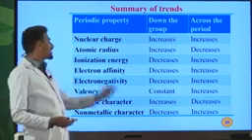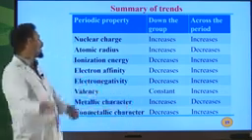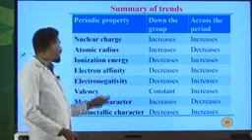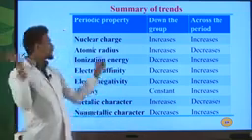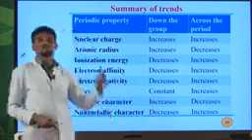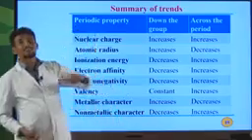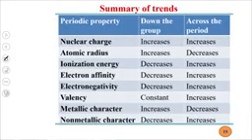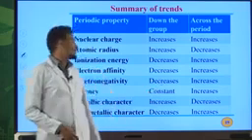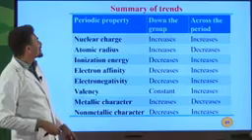Another one is metallic character. It increases down the group but decreases from left to right across the period. Non-metallic character and metallic character are inversely proportional. Down the group, non-metallic character decreases, but from left to right across the period, non-metallic character increases. You have non-metals on the right hand side of the periodic table, but metals on the left hand side.